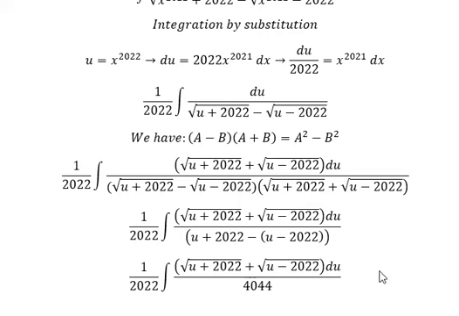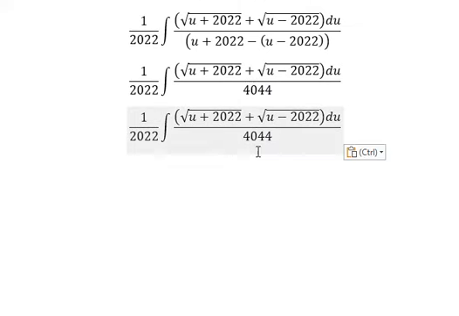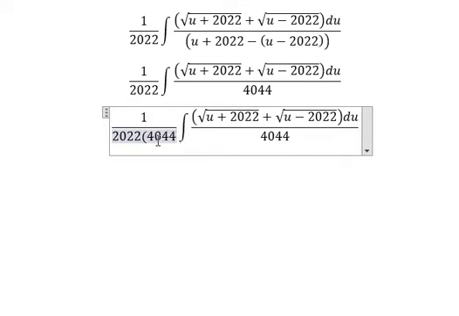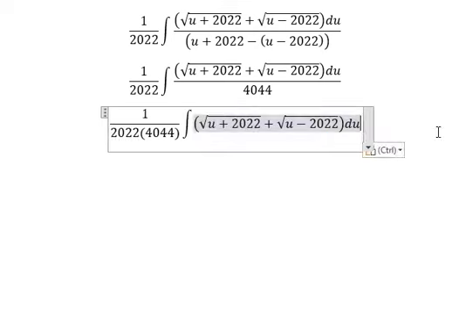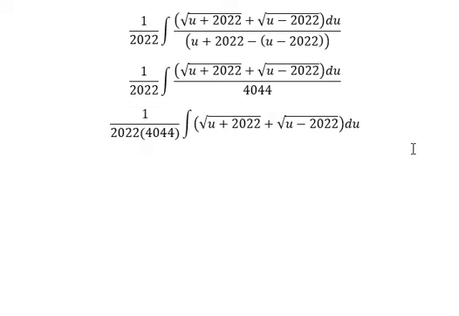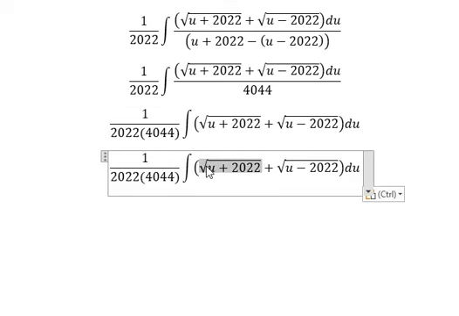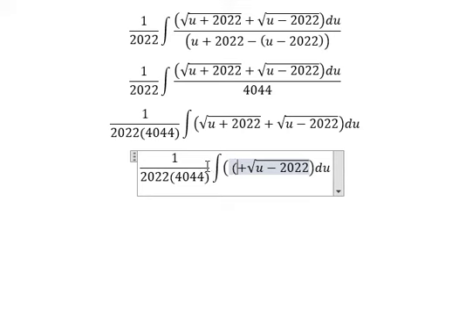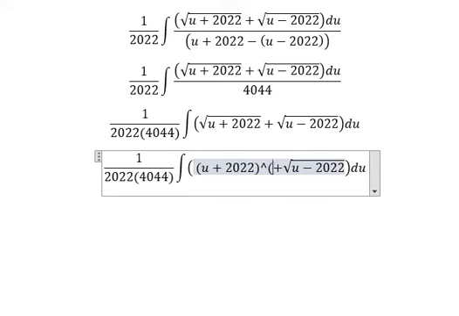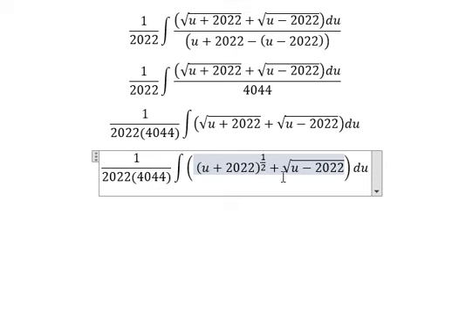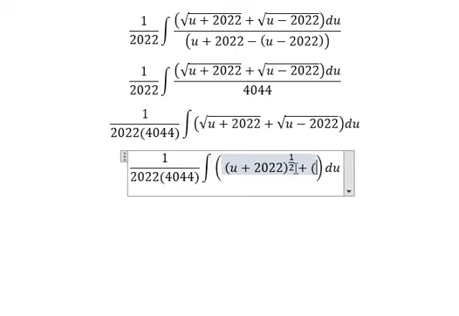Next, I will put 4044 outside. So this one we can change to u plus 2022 to the power of 1 over 2. Similar for this one.